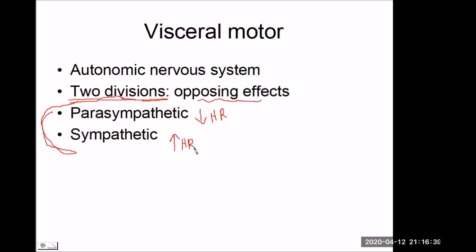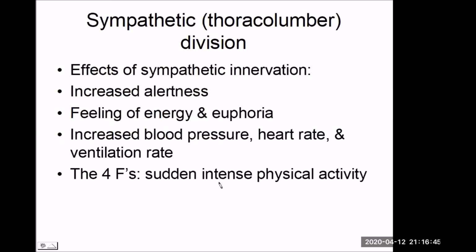So they typically work against one another, but still it is that autonomous and involuntary control. So we'll start taking a look at the sympathetic division, and you see an alternate name, thoracolumbar. And this is in relationship to the location and the connection to the spinal cord.